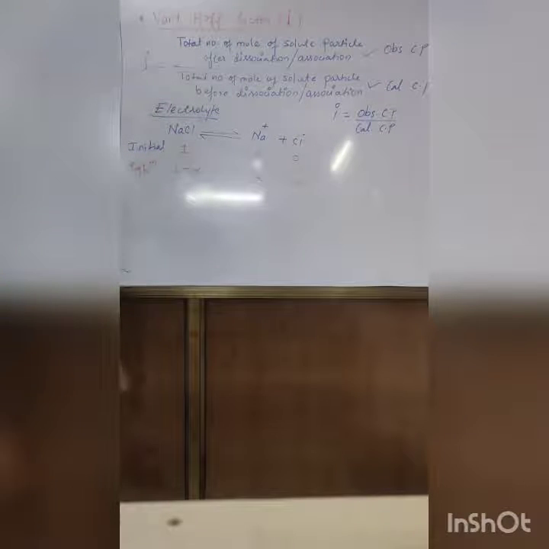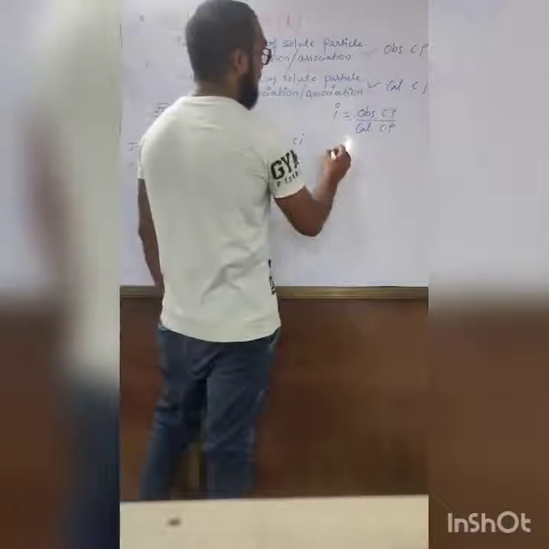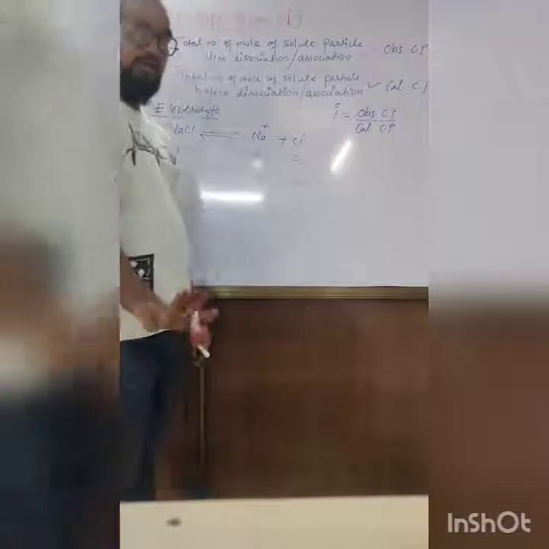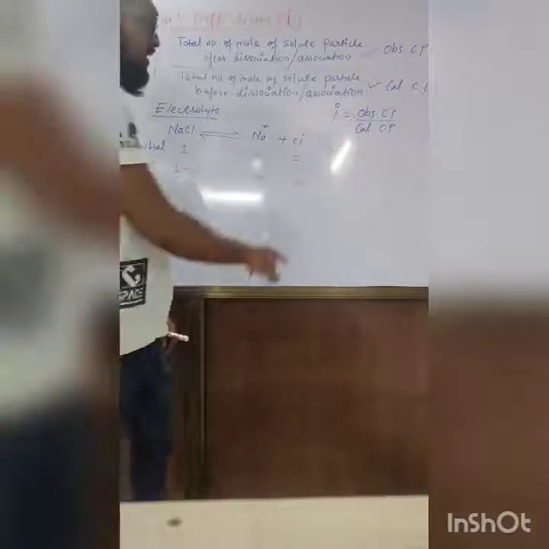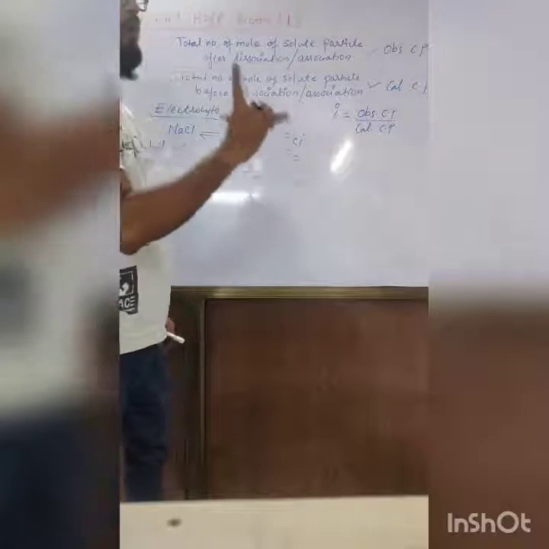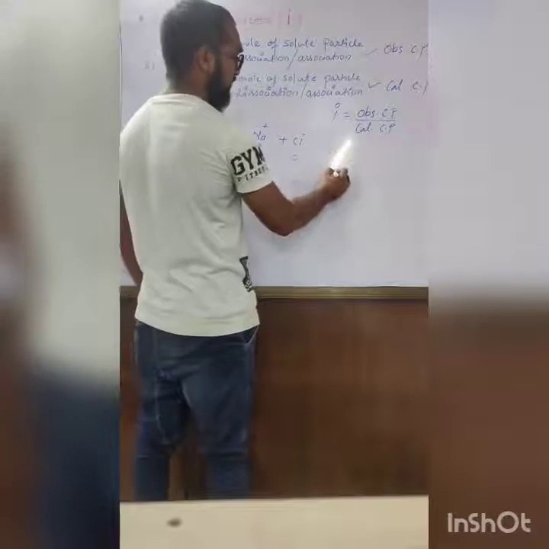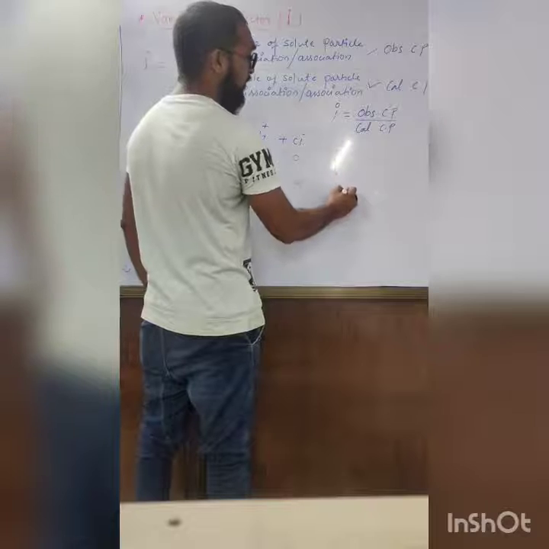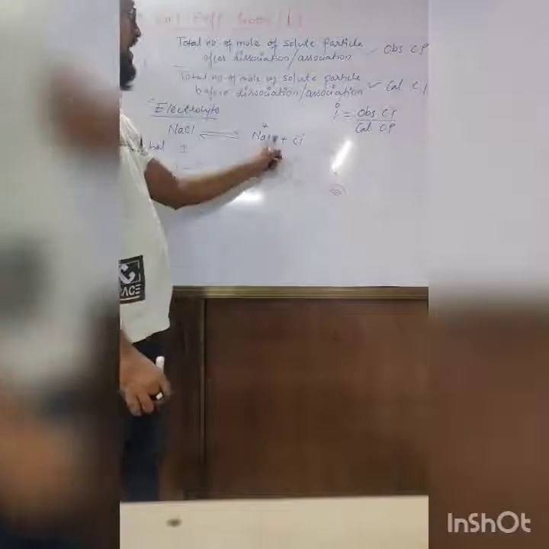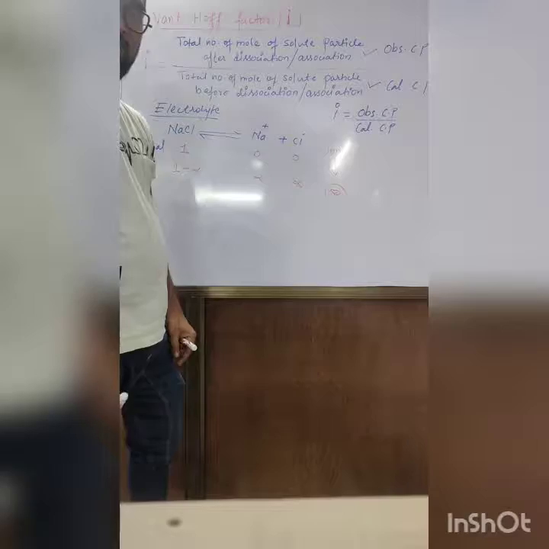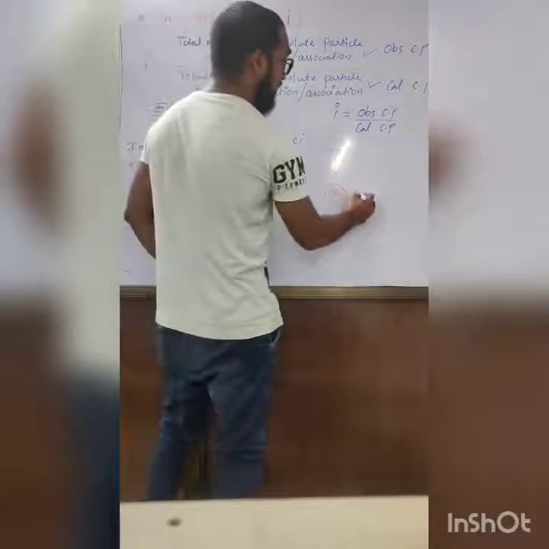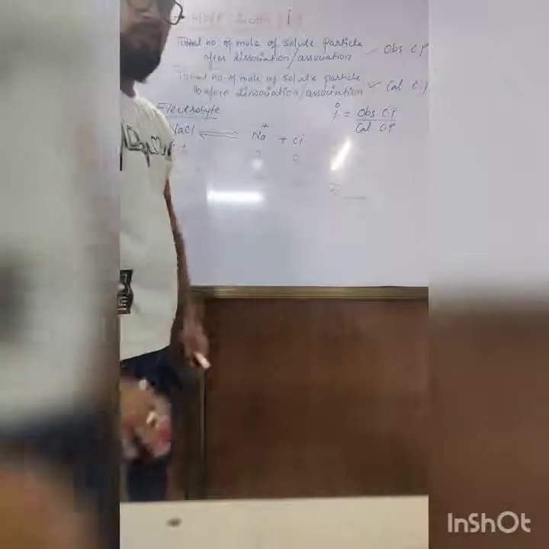Once again, suppose I have 100 moles of NaCl. Out of 100 moles of NaCl, 50 moles converted into ions, meaning 50 alpha converted into ion form.